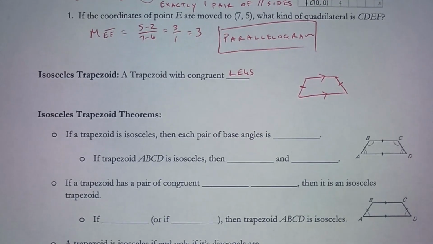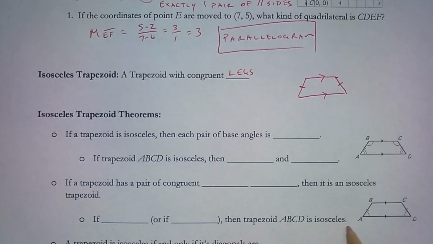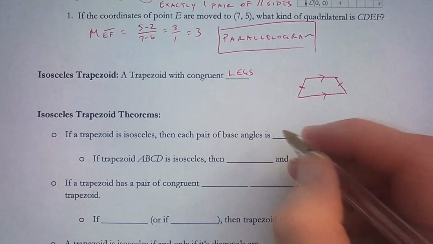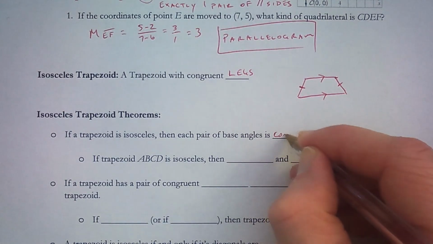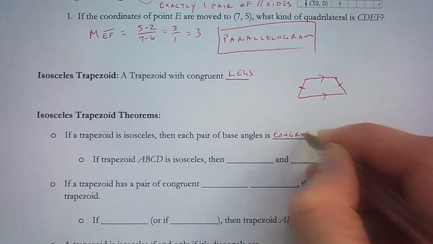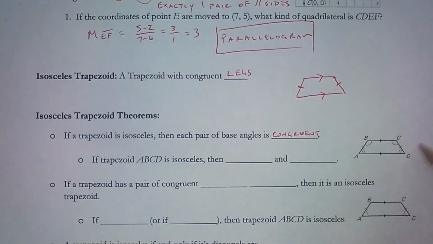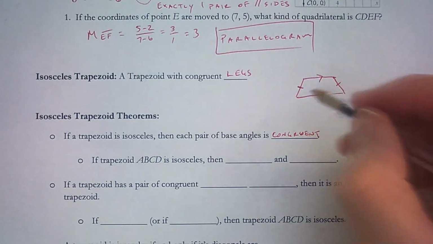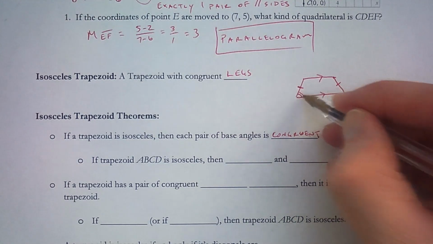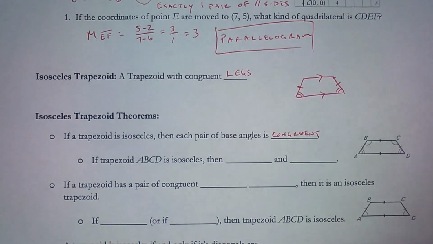Isosceles trapezoid theorems. If a trapezoid is isosceles, then each pair of base angles is congruent. In this isosceles trapezoid, these two base angles are congruent to each other, and these two base angles are congruent to each other.